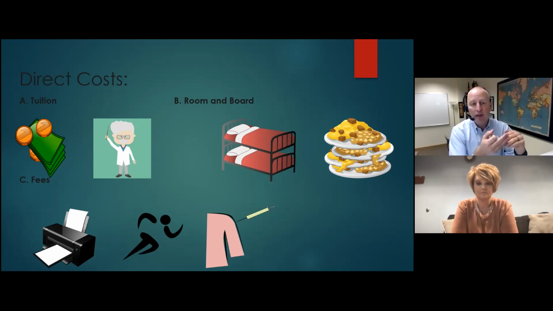And beyond where you're actually living, your food expenses can change between how many meals you're trying to cook yourself in your dormitory or in your apartment, and how many meals you're not cooking, but are expecting to eat. So some schools may have a 10 meal plan, an 18 meal plan, a 21 meal plan. A 21 meal plan would mean that you get 3 meals a day, 7 days a week from a dining area on the campus. That's obviously the most expensive room and board option that you can find.